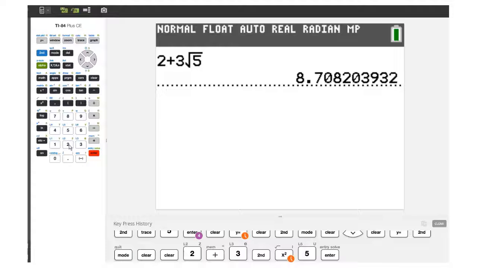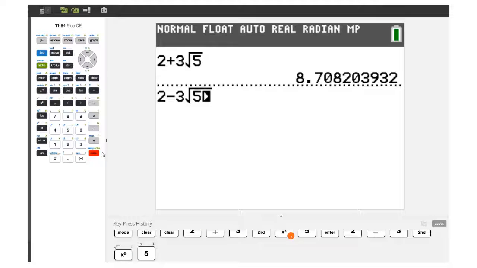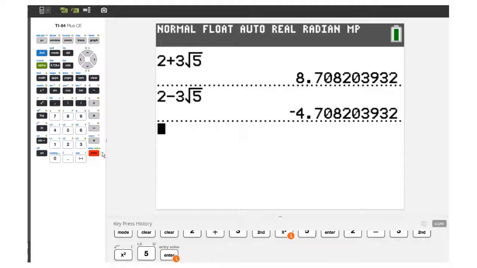And the second value, which is 2 minus 3 radical 5, is equal to negative 4.708, which I'm going to round to negative 4.71.